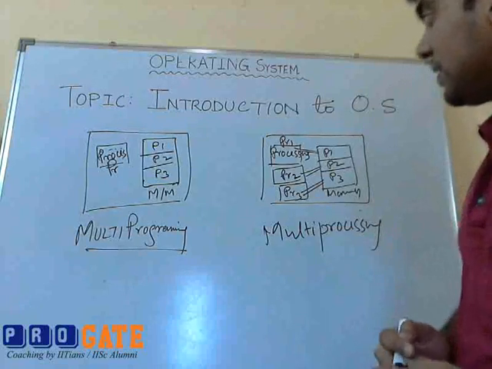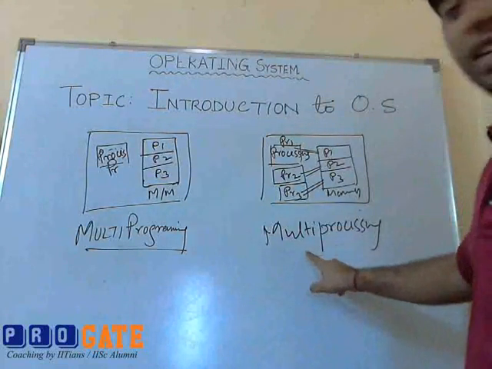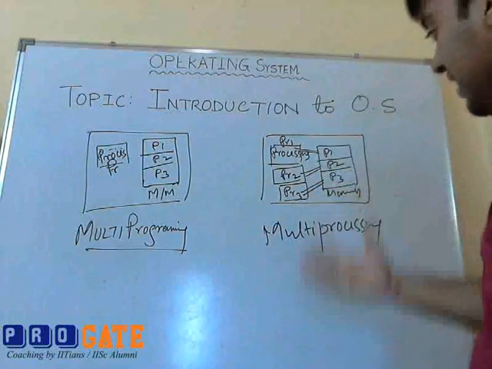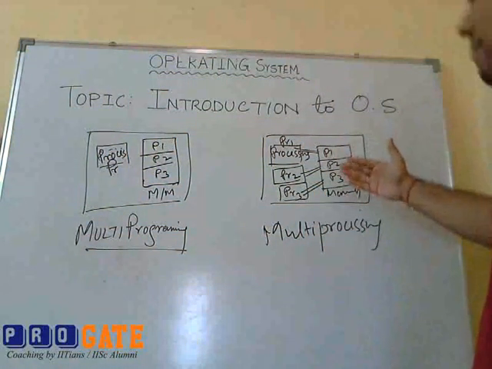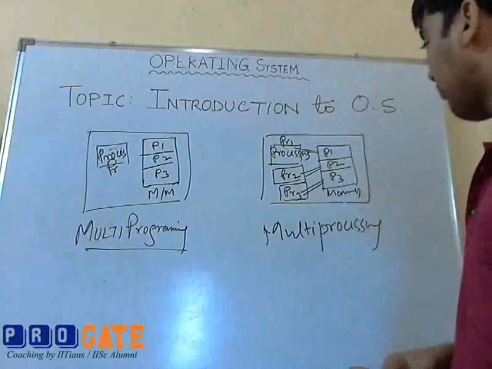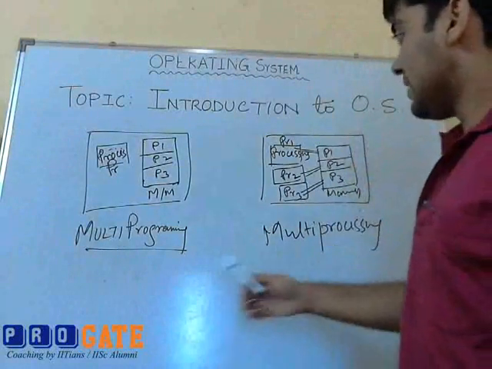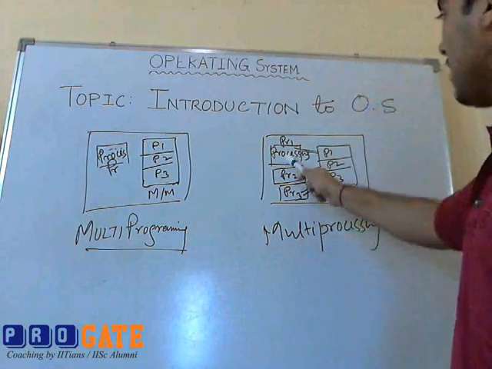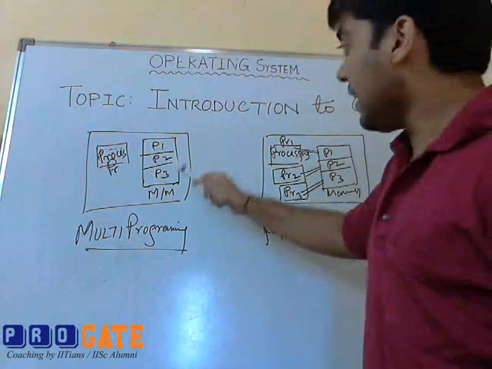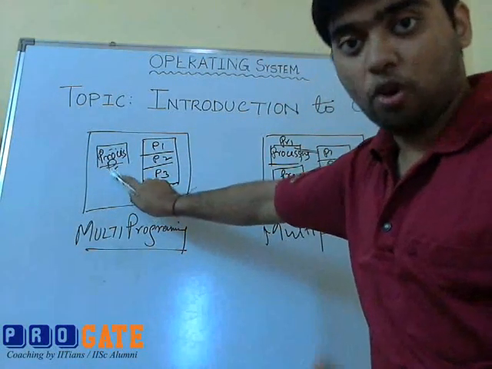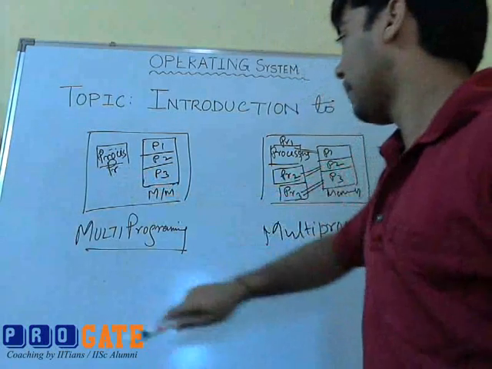So the difference is that a multi-processing system is also a multi-programming system, since a number of programs are stored simultaneously in the memory at one time, unlike a simple multi-programming system. In a multi-processing system, you have a number of processors. Here, though there are a number of processes, there is only one processor, or only one CPU.